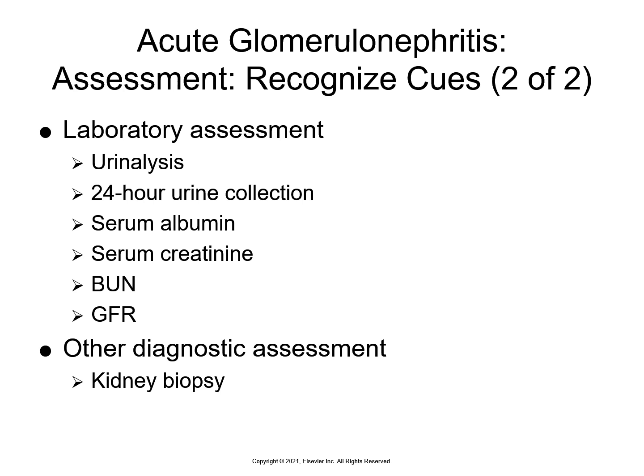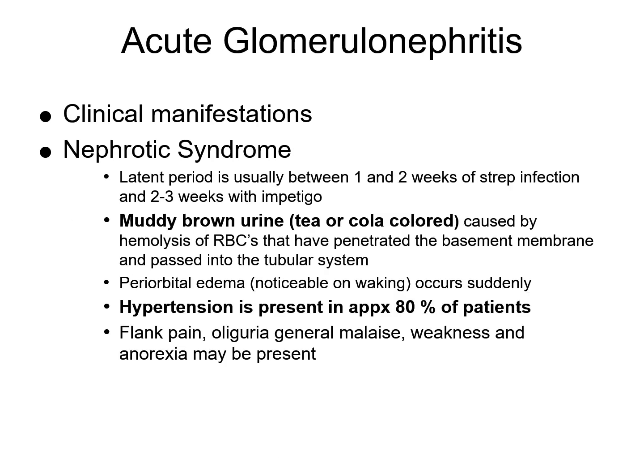Sometimes, on some occasions, they may do a kidney biopsy, and that biopsy will help determine which treatment is best. But that's not a usual thing with acute glomerular nephritis. More common with chronic. But we're talking about acute right now.